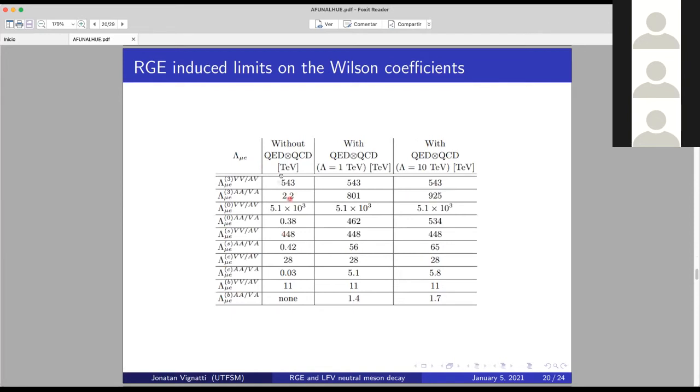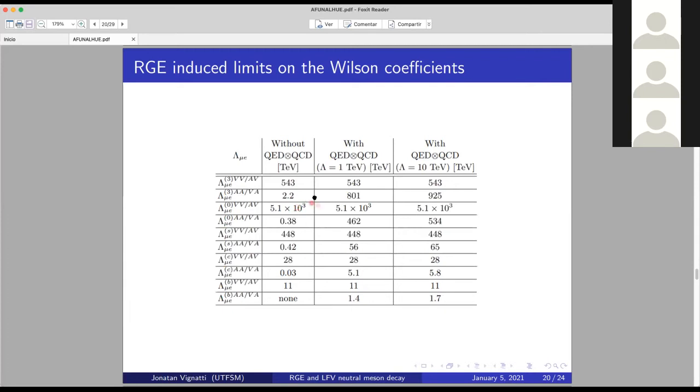So finally, these are the numbers. The first column corresponds to without QED and QCD, at the third scale. For example, we can see that axial-vector-axial at the beginning doesn't mix. That's why it has this number. But with QED and QCD at the upper energy around 1 TeV, one can see that it's enhanced because this matrix mixes the axial vector, and we can see it going from 2.2 to the order of hundreds.